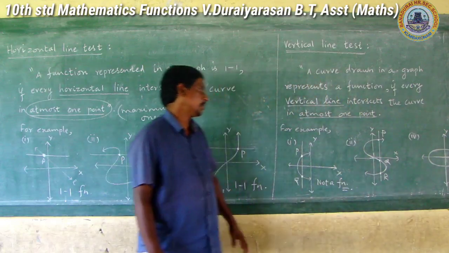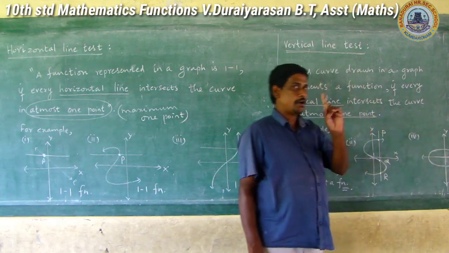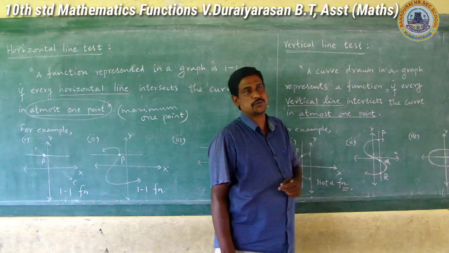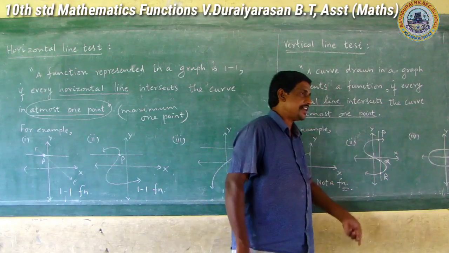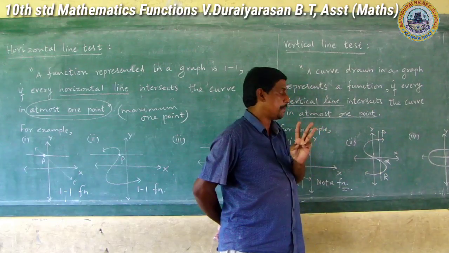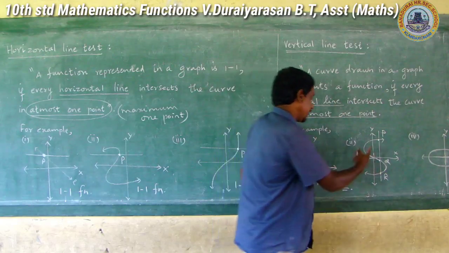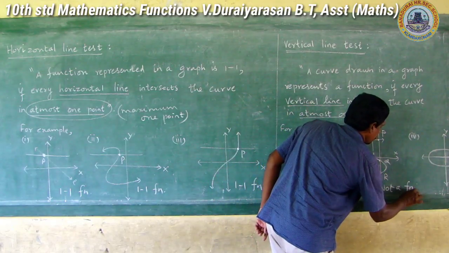So what is your conclusion? A vertical line meeting at one point is called a function; meeting at more than one point is called not a function. Here the vertical line meets at 3 points, namely P, Q and R, so the given curve is not a function.